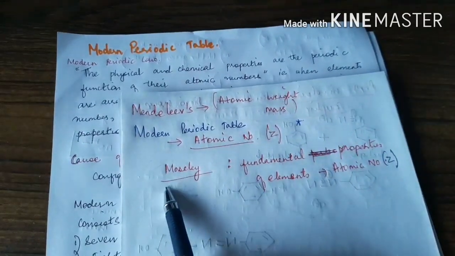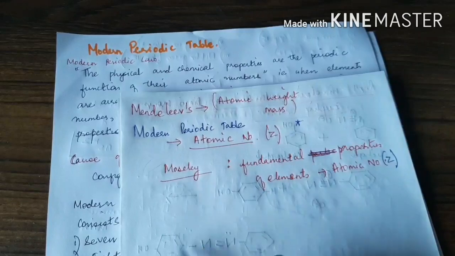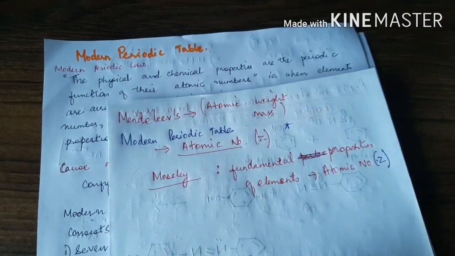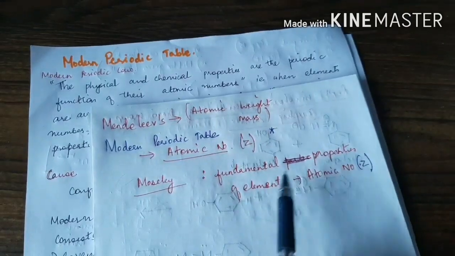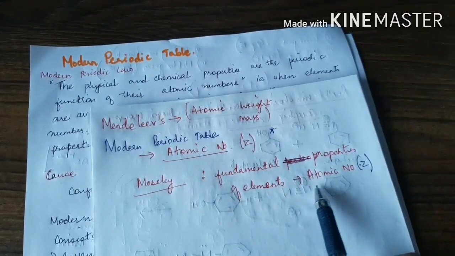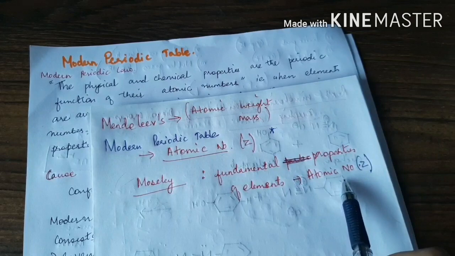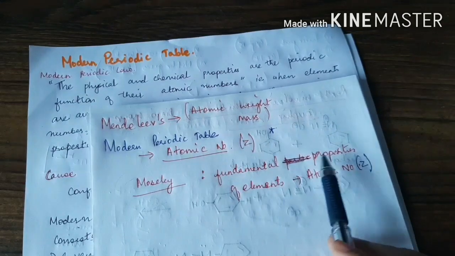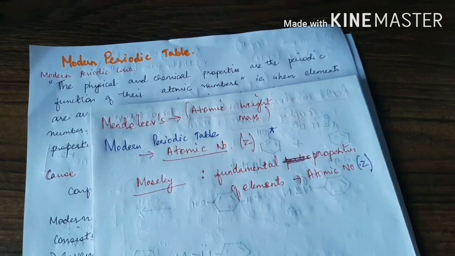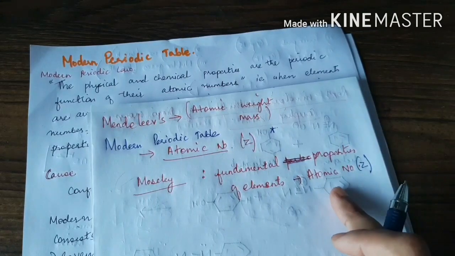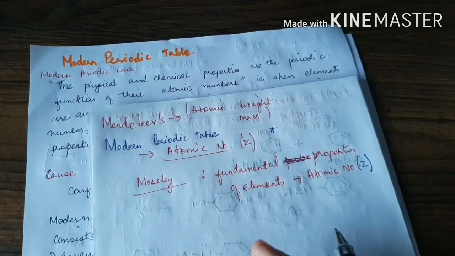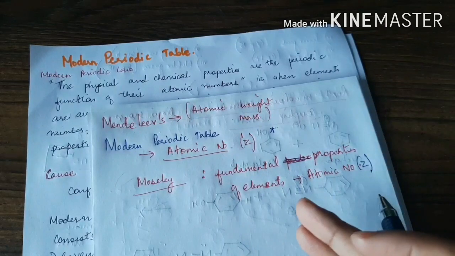Now, there was a scientist called Moseley. Based on his findings and experiments, he found that the fundamental property of an element is atomic number and not mass number. Atomic number is the characteristic property of elements. Each element has its own atomic number; no two elements have the same atomic number.